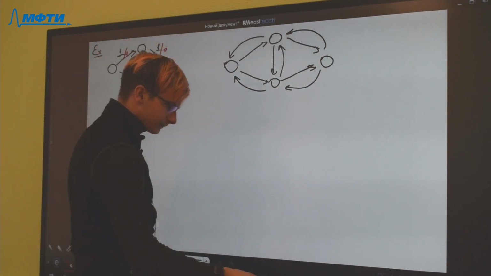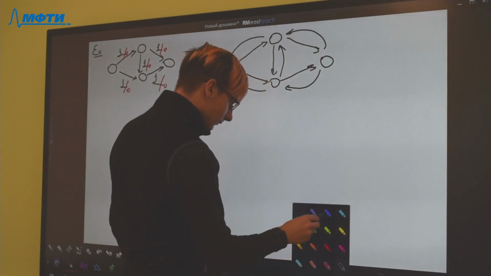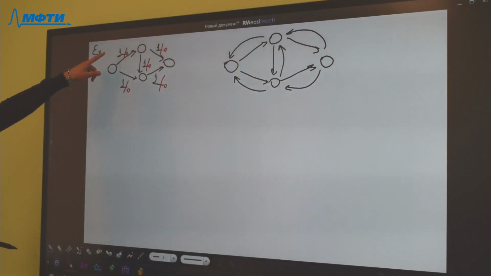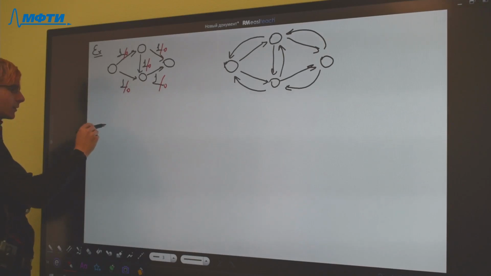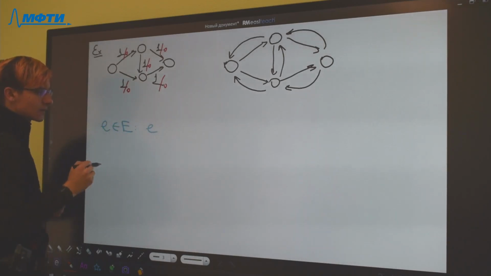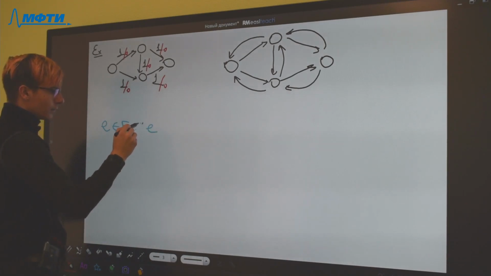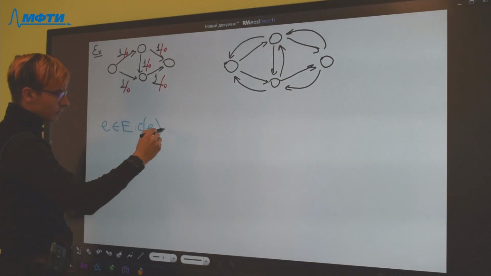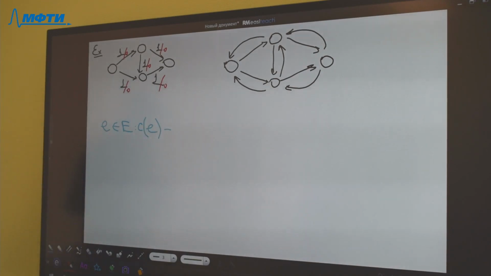For example, about forward edges, for each edge we have the capacity of this edge, and we have the flow that goes through this edge.